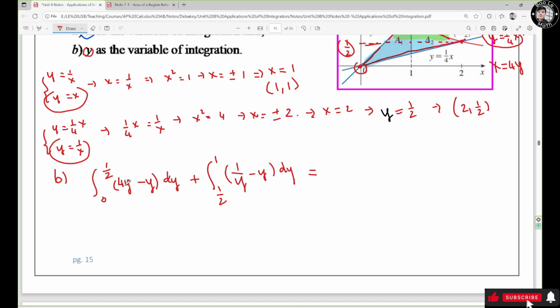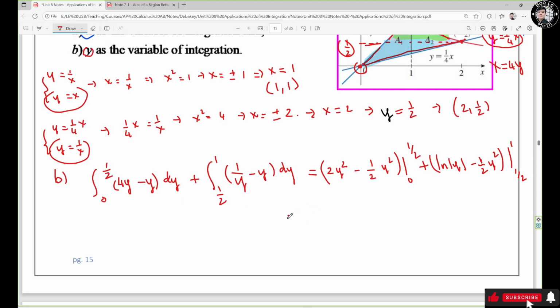So the antiderivative of 4y is 4 over 2 y squared, which is 2y squared. And this becomes negative 1 over 2 y squared, right? Evaluated from 0 to 1/2, plus the antiderivative of 1 over y, which is the natural log of the absolute value of y, minus 1 over 2 y squared, evaluated from 1/2 to 1, right?